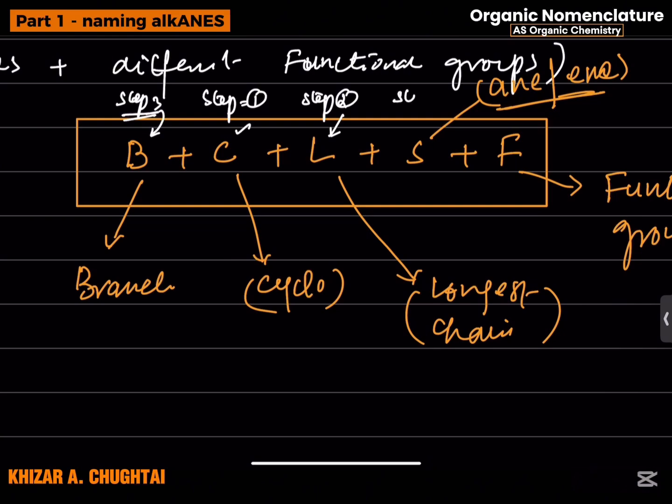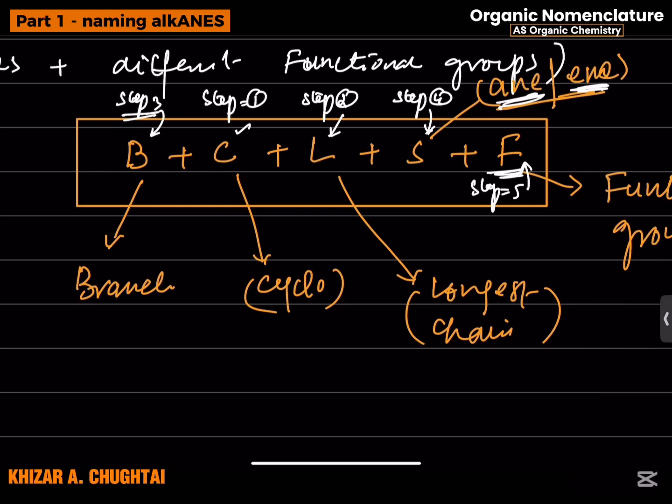Step number 4, check whether it is alkane or alkene, is there any double bond or not? And the last one, step number 5, check which functional group is present. Once you have performed all these steps, you will write the name in this format: B, C, L, S, F.